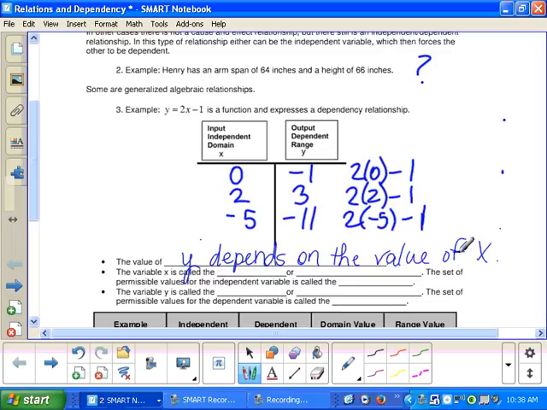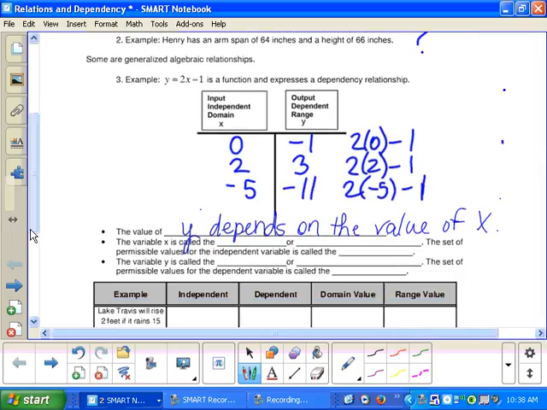So the variable for x, these names that are up here, the variable for x is called the input or independent. It is what happens first.